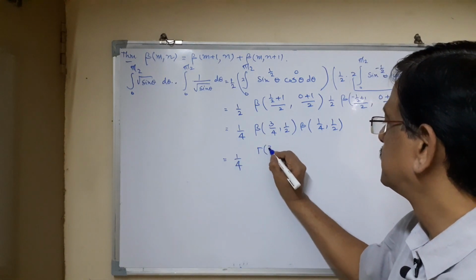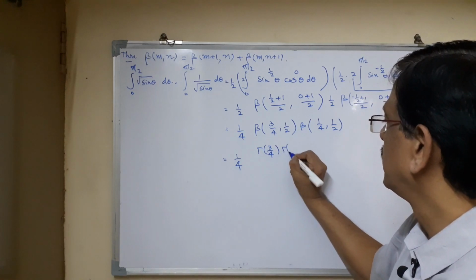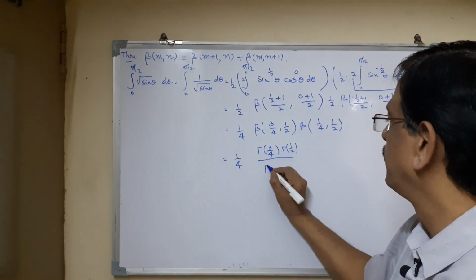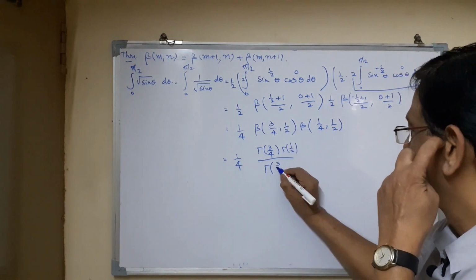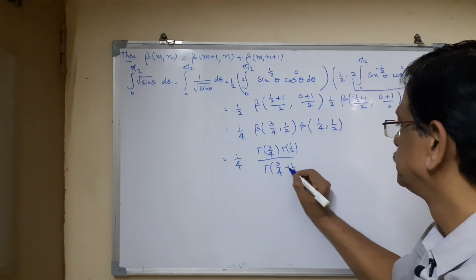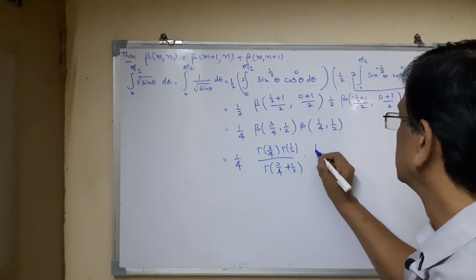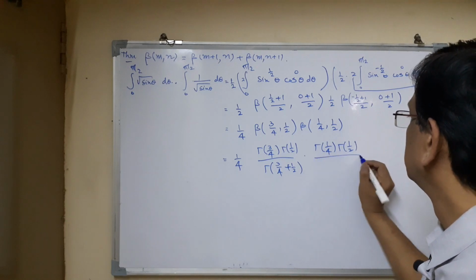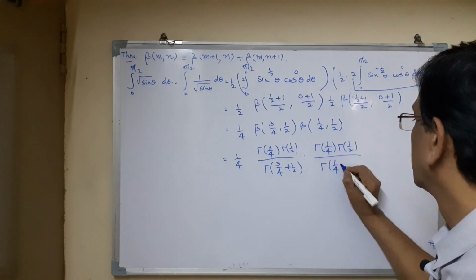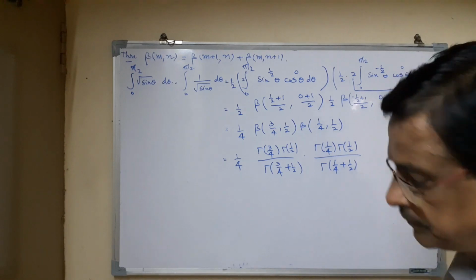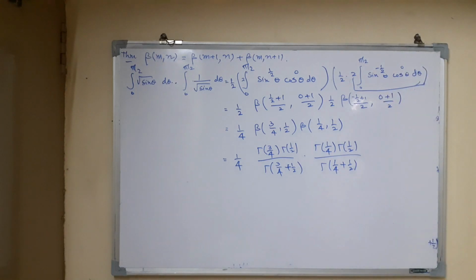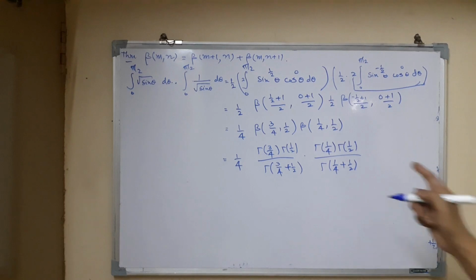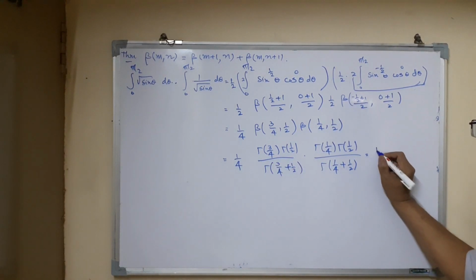Beta is gamma of 3 by 4, gamma 1 by 2 by gamma of 3 by 4 plus 1 by 2, into gamma of 1 by 4, gamma of 1 by 2 by gamma of 1 by 4 plus 1 by 2. Now, a simple way of doing things is this is equal to 1 by 4.